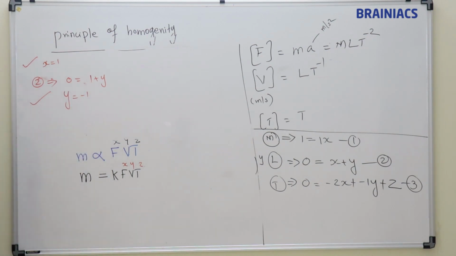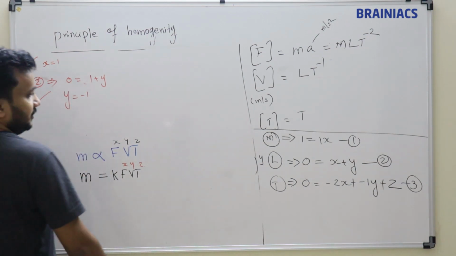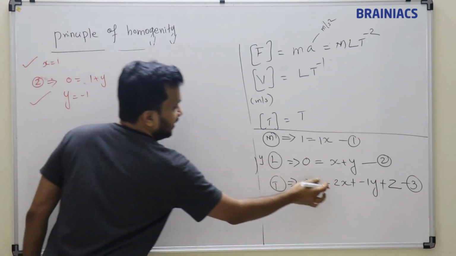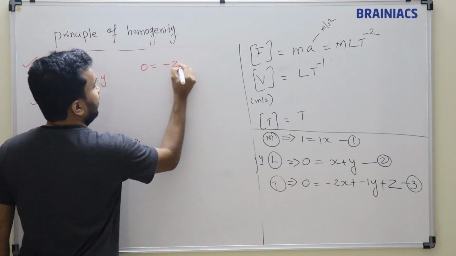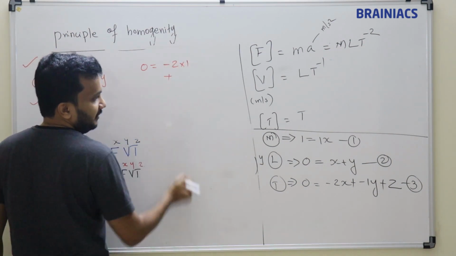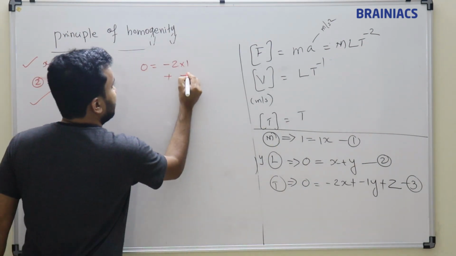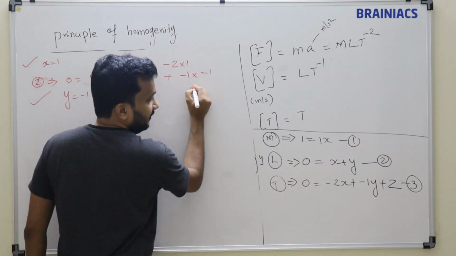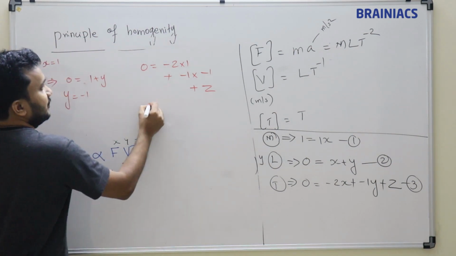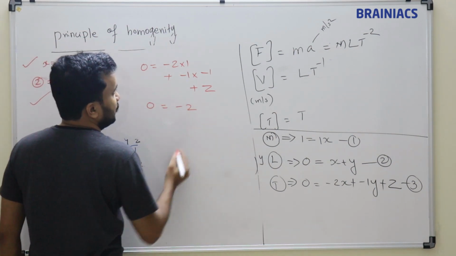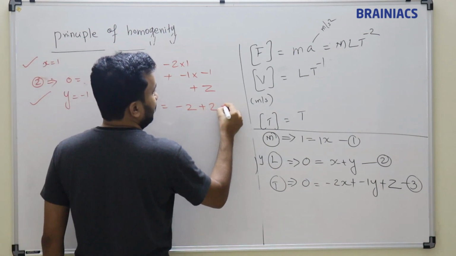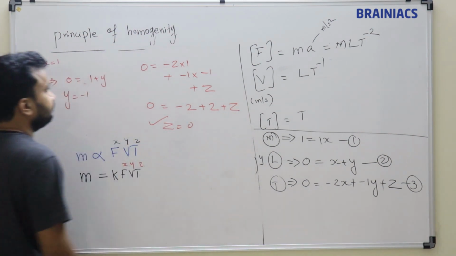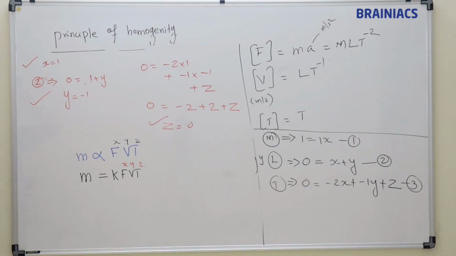Now the third equation: 0 equals minus 2 into x, where x is already 1, so minus 2 into 1, plus minus 1 into y, where y is also minus 1, plus z. So 0 equals minus 2 plus 2 plus z.